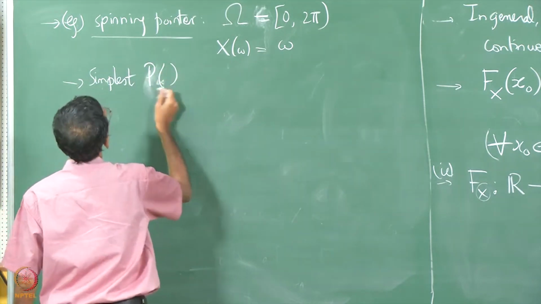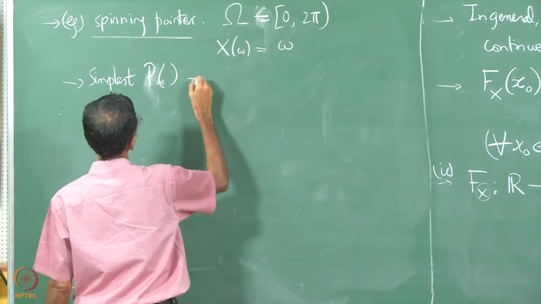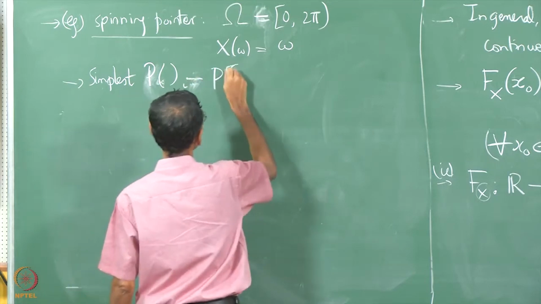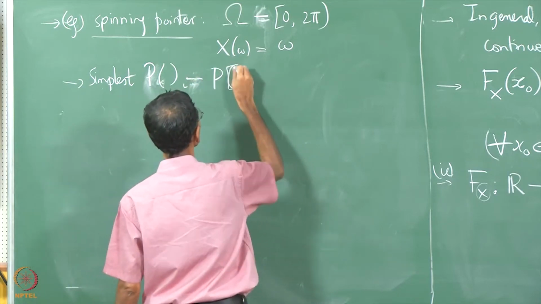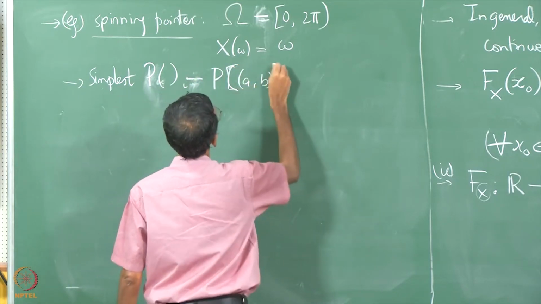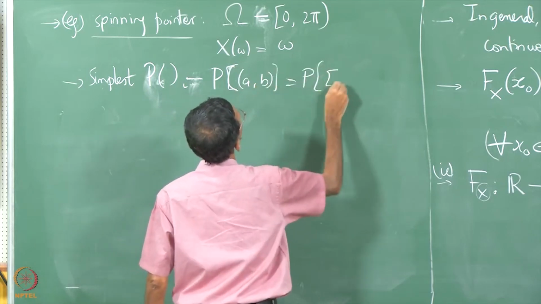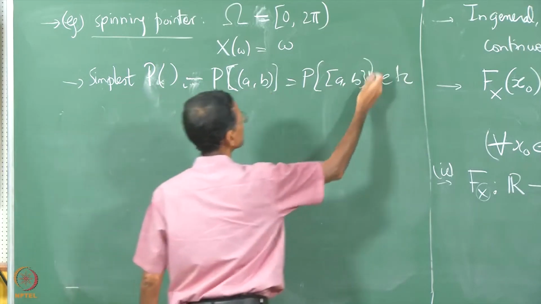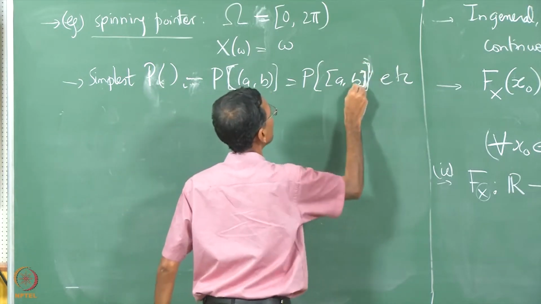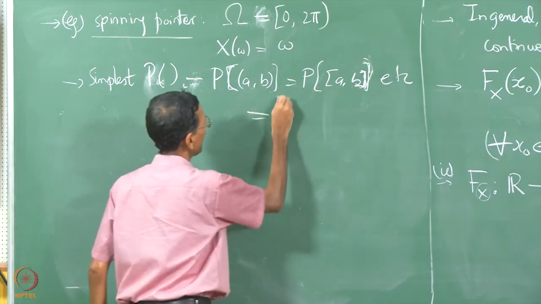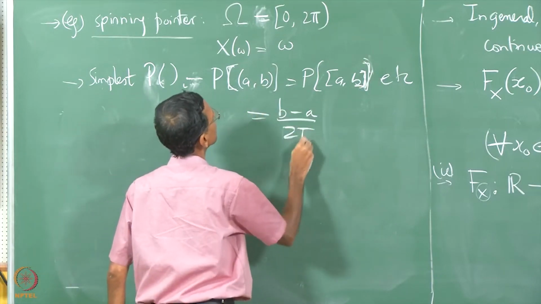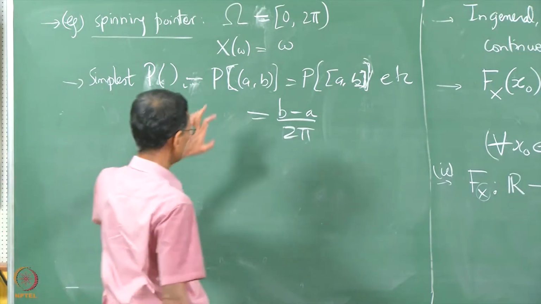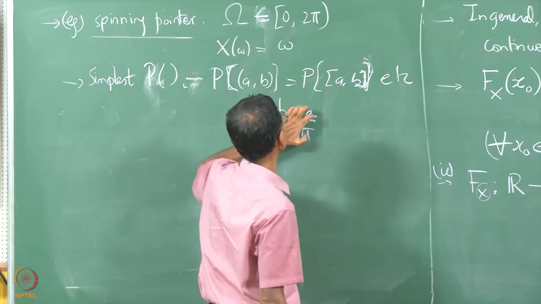The simplest P is defined as follows: you take any interval a b, whether open or closed, where these two numbers a and b are between 0 and 2 pi. So we say that we will make this probability assignment to this interval.